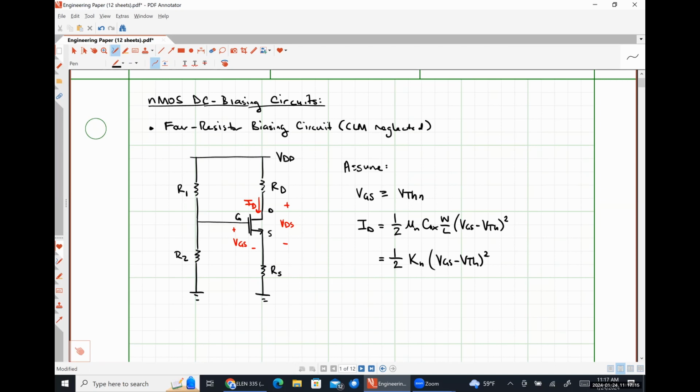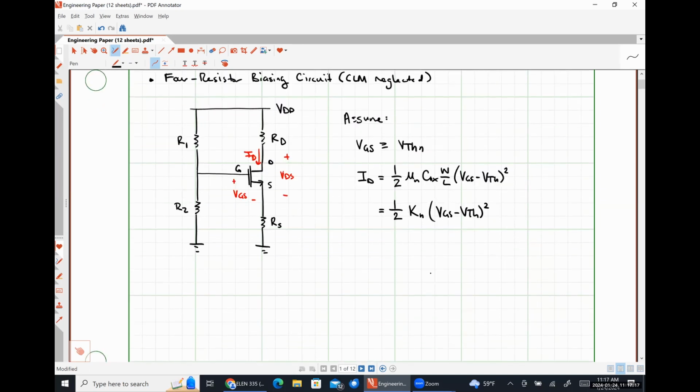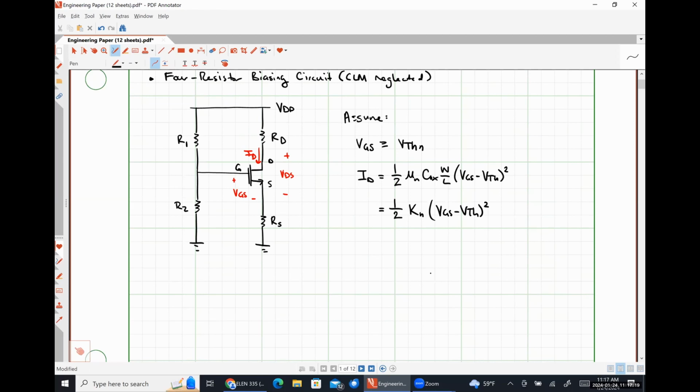So what is the voltage at our gate going to be? Right, exactly right. So we don't have to worry about any sort of gate current like we had to worry about a base current in a BJT transistor because we have a capacitor there, right?